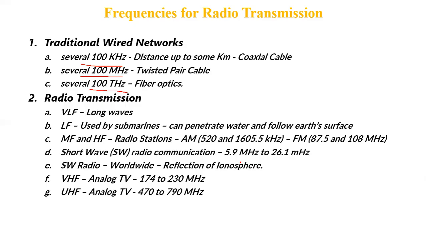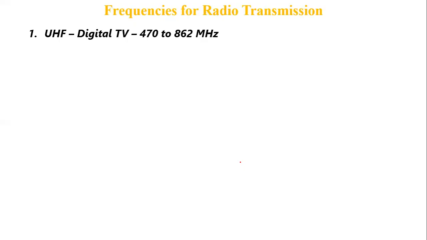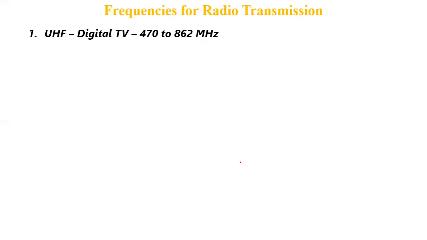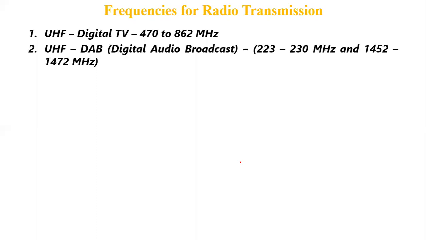Here also we have analog TV operating in the band of 470 to 790 megahertz. There are several devices working in the ultra high frequency band, and there is also digital TV working in UHF in the frequency band of 470 to 862 megahertz.